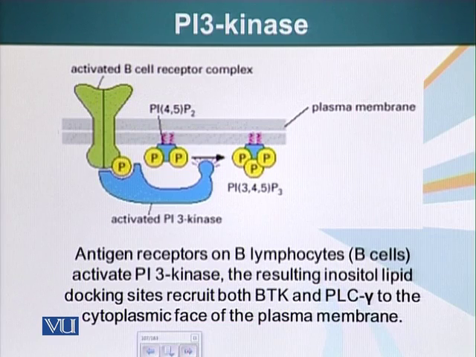Here's our PI3 kinase. In this case, the cell is a B cell. We know B cells secrete antibodies, which help us defend ourselves against pathogens. When the B cell receptor gets activated, there's a phosphate group addition to the cytoplasmic domain of this receptor.